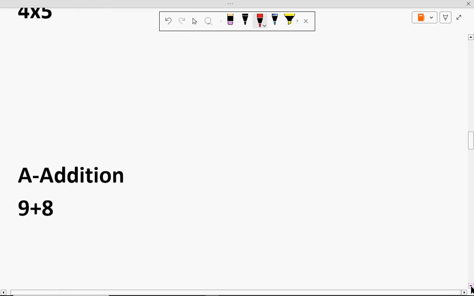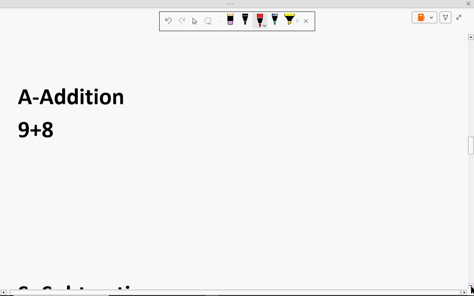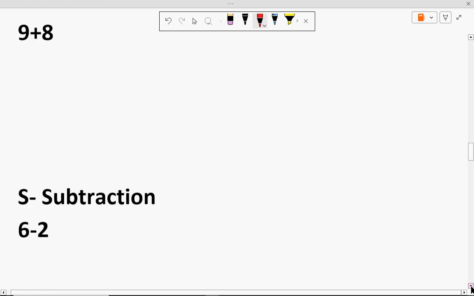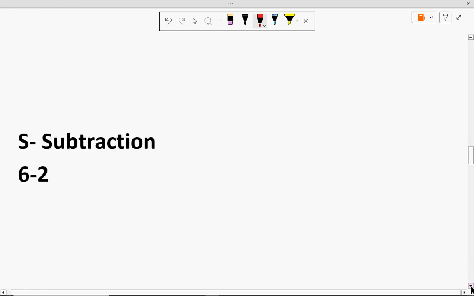In addition, we use the plus sign, so it is represented as 9 plus 8 or the quantity whatever it is. In subtraction, again, a dash is used. In this case, it is 6 minus 2.